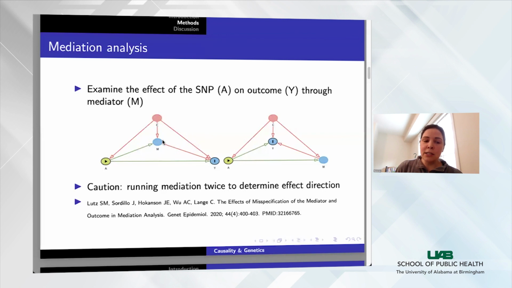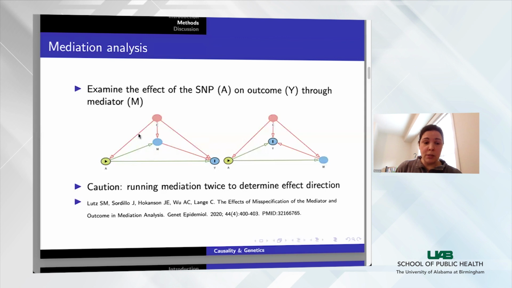And especially in our example, we're already not sure about the direction of the arrow from our mediator, depression, to our outcome, alcohol use. And sometimes, if you're not sure about the direction of this arrow, some investigators started saying, okay, we're not sure about the direction of the arrow, so we'll do the mediation analysis twice.